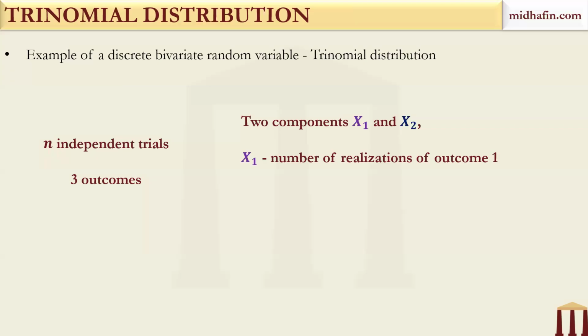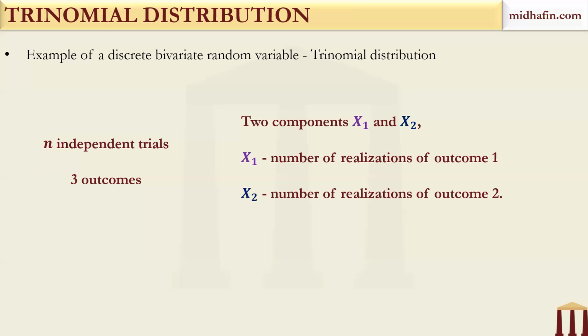This is something where GARP has not paid a lot of attention to maintaining consistency, because if you remember, small x1 was denoted to represent the realization. So remember that capital X1 is the variable which denotes the number of realizations of outcome 1, and X2 is the number of realizations of outcome 2.